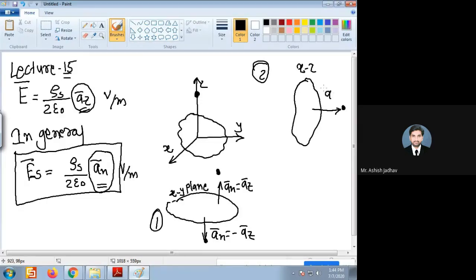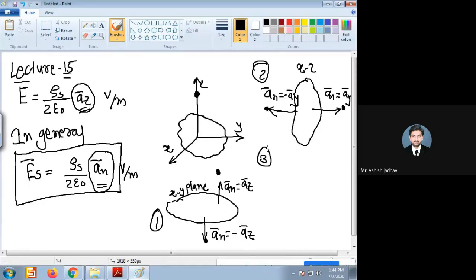In that case, this is on the positive side of the y-axis, so A bar n is equal to A bar y. Another situation: if the point where we want the electric field intensity is on this side, then this will be the normal from that surface. In that case, A bar n is equal to minus A bar y, right?